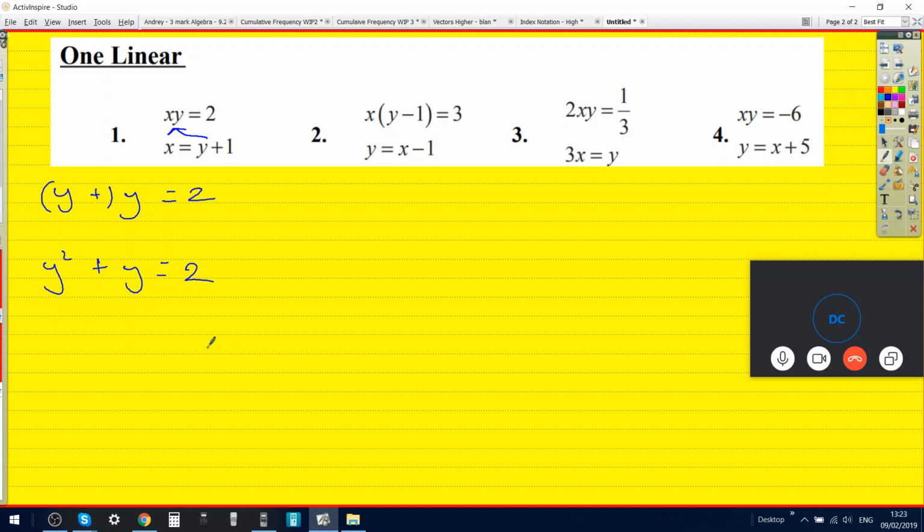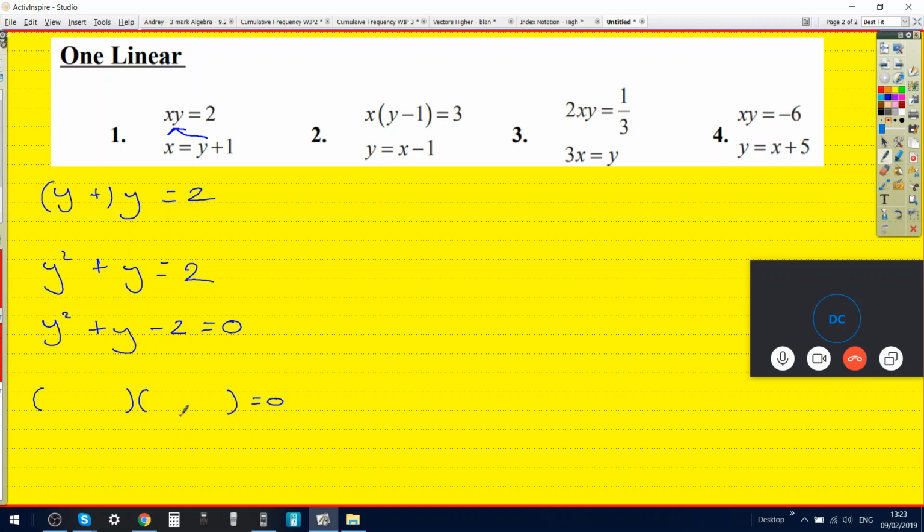I don't know. So it's a quadratic. So you make it equal to 0. Oh yeah, and go on.